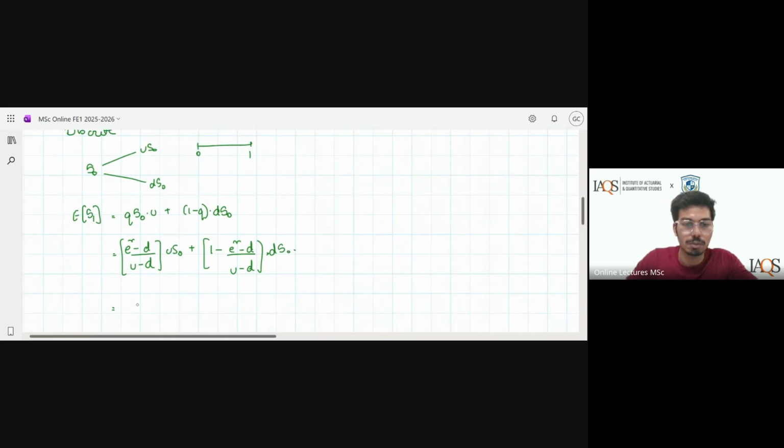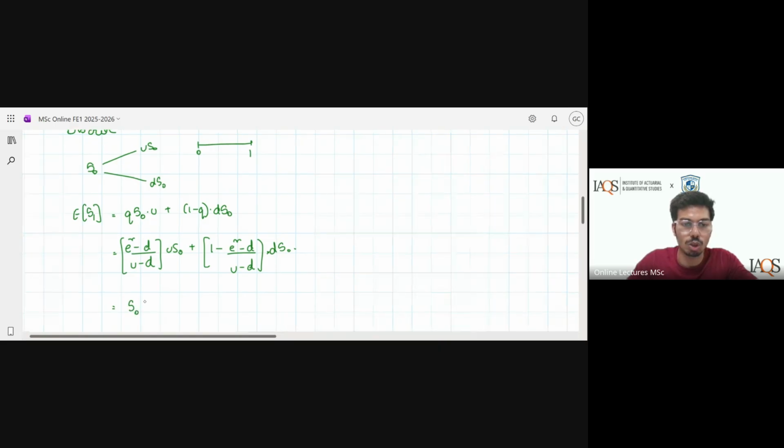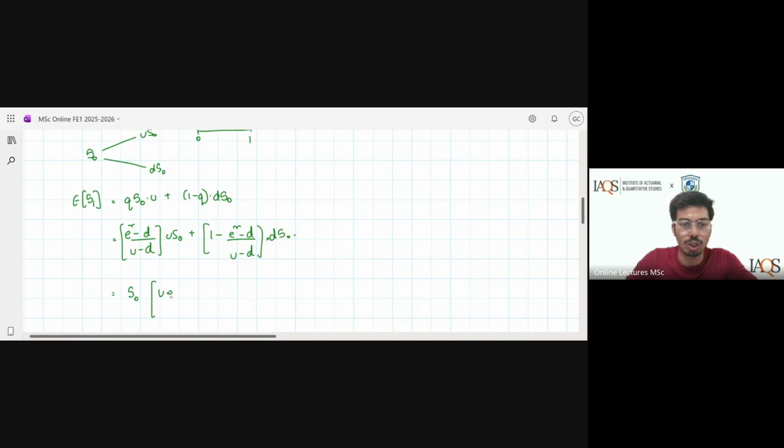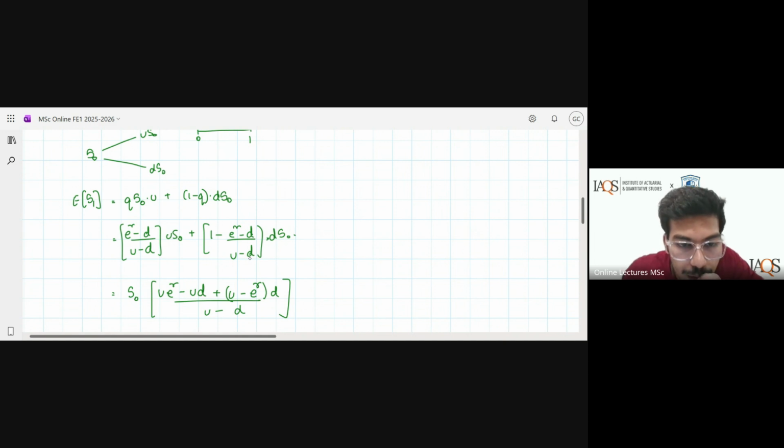If I take the LCM and take S0 common out, U e raised to R minus UD, upon U minus D, plus D will get cancelled out. What am I left with? Plus U minus e raised to R into D upon U minus D. Have I done it correctly? Yeah, I've done it correctly.